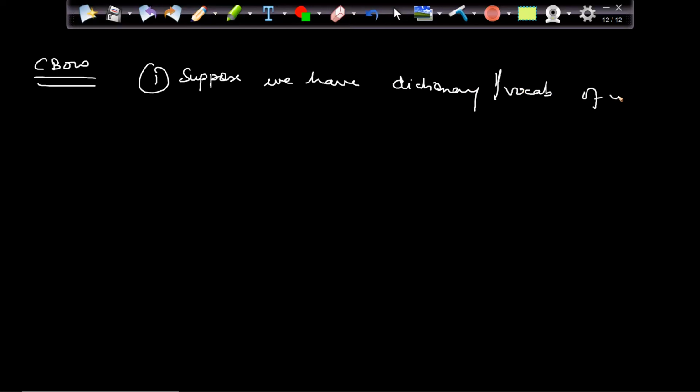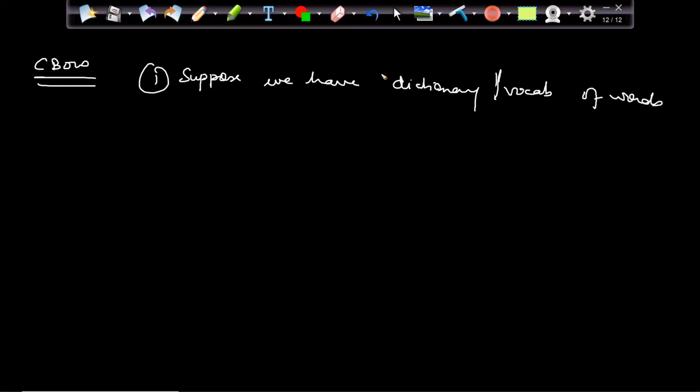How it works, basically. Suppose we have a dictionary of words, or the set of words. Dictionary is nothing but, say I have a review coming from Amazon. I'm collecting all the words and generating a dictionary, the set of all the words. So I can say dictionary or vocab of words.